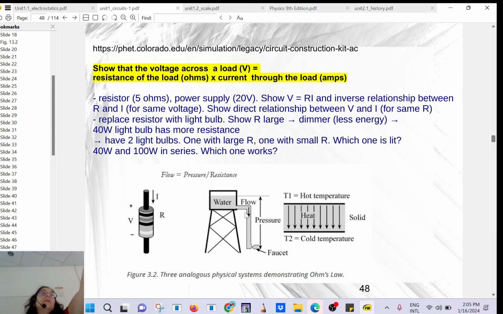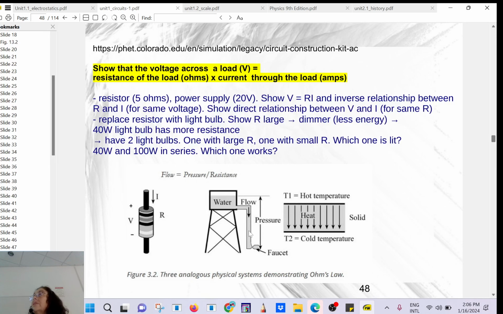That's why in New York City, those tall buildings have those ugly reservoirs at the top of the building, to make sure you have enough pressure for all the floors. The higher the reservoir is, the more pressure you're going to get. More pressure means the water will flow faster.